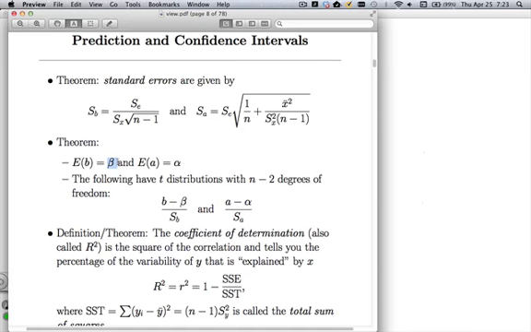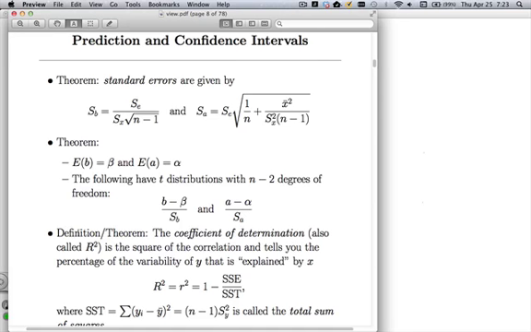Across all sample means, the mean of x bar, the mean of the sampling distribution, is equal to mu. Same is true for our intercept. Both A and B are going to have t-distributions. These t-distributions are approximately normal when n is fairly large. So we're going to be using t and z distributions to find confidence intervals and do statistical inference.